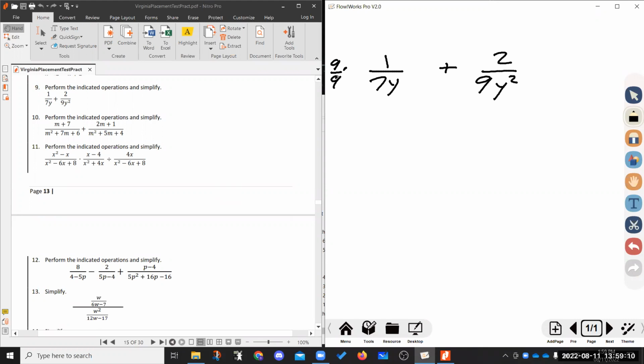And for the letter part here, I'm going to have to multiply by y over y to get 63y squared in my denominator as my common denominator. And then this fraction, I'm going to have to multiply by 7 over 7. So this gives me 9y plus 14 over 63y squared. I don't have a greatest common factor in my numerator, so I'm done.